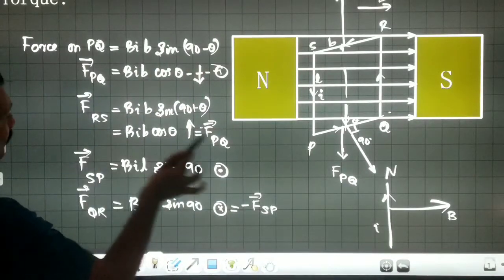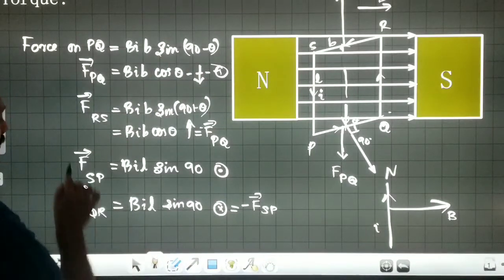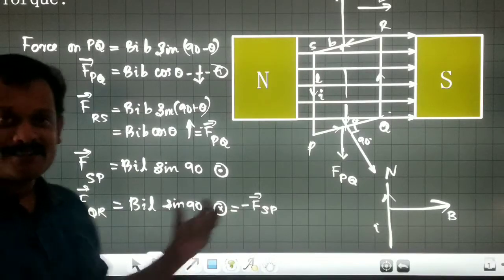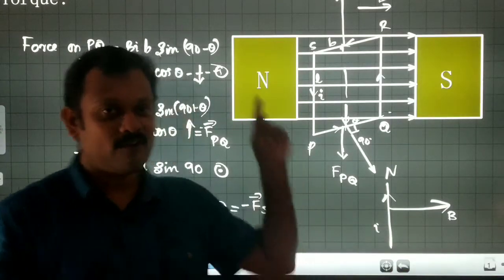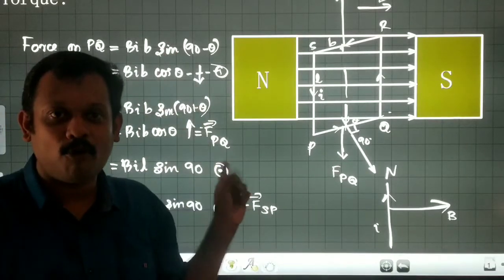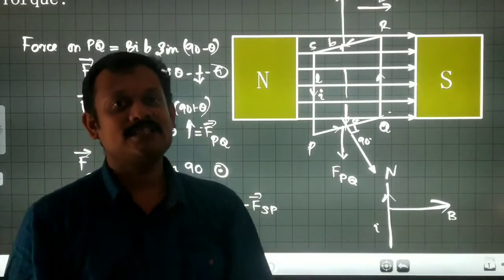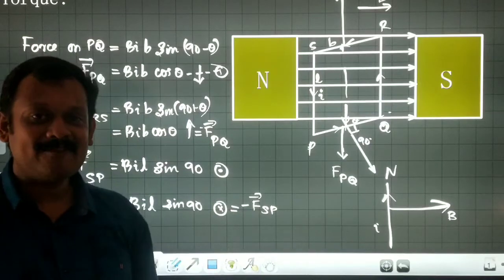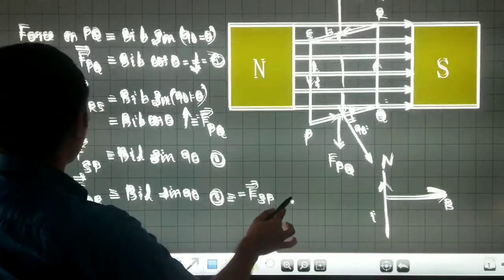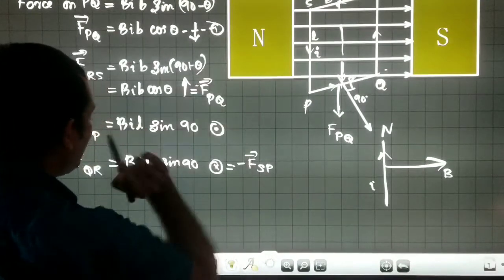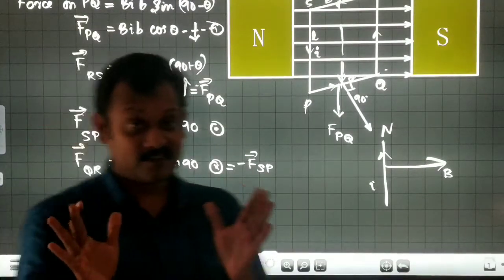Now you can see how we got net force equal to 0. These two forces are equal in magnitude but in opposite directions. So when you take the vector sum of all four forces, the net force is equal to 0. Now the question: can this cause a turning effect?